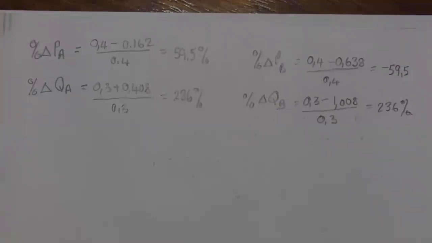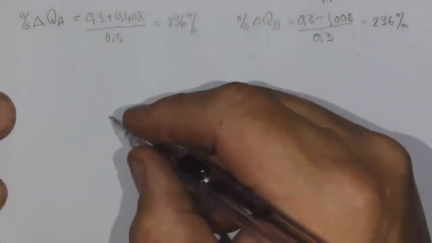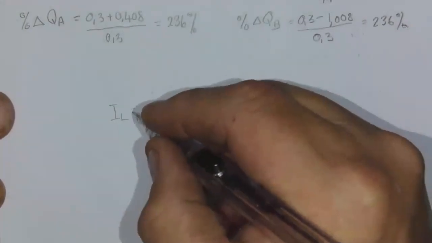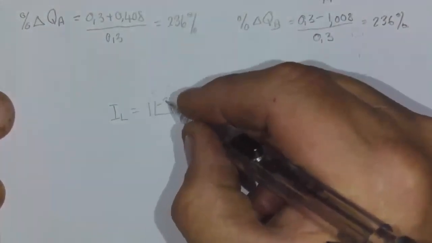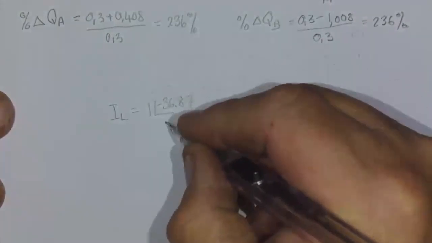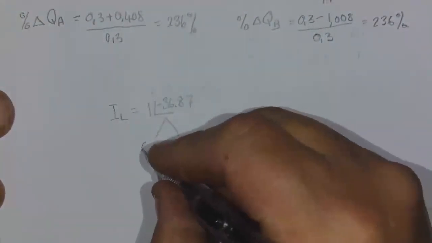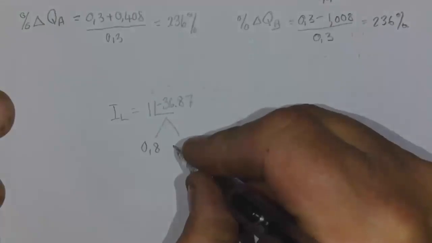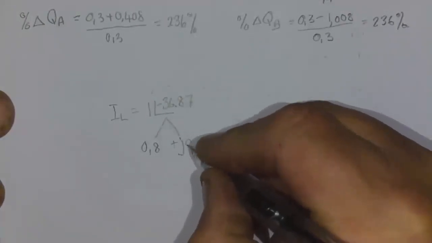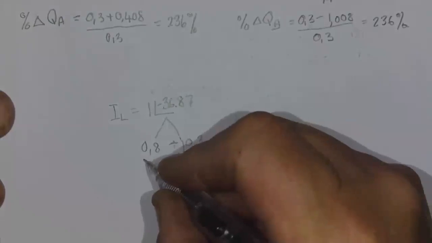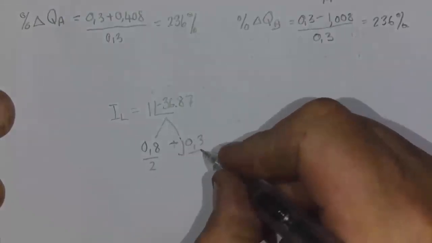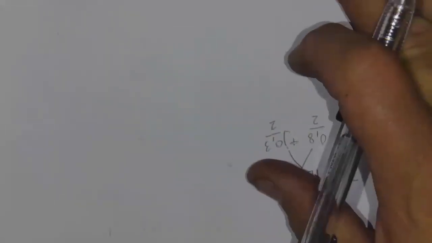So which means when you want a percentage change for P and Q, 0.4 and 0.3 are constant. No, remember your load, I load, was 1 angle minus 36.87. If you now take that to rectangular form, you will get 0.8 plus j 0.6. And each one of them is now supplying half of that.